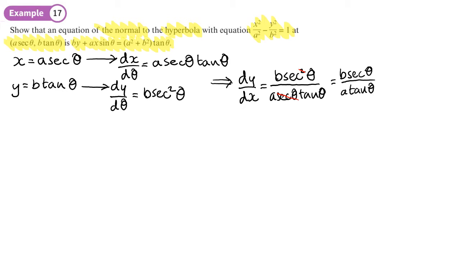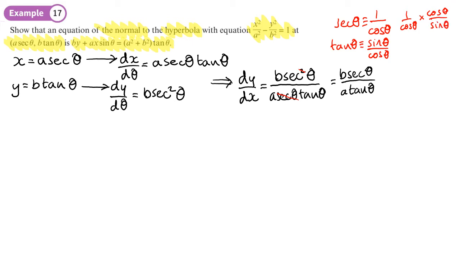Now this can be simplified even further, because remember sec theta is the same as 1 over cos theta, and tan theta is the same as sin theta over cos theta. So if we're doing sec divided by tan, we're basically doing 1 over cos divided by sin over cos, or times by cos over sin.